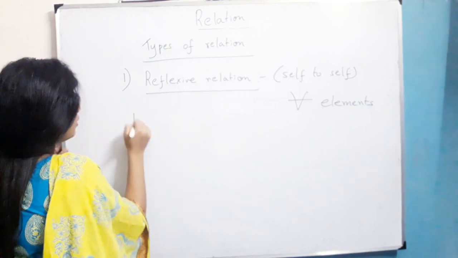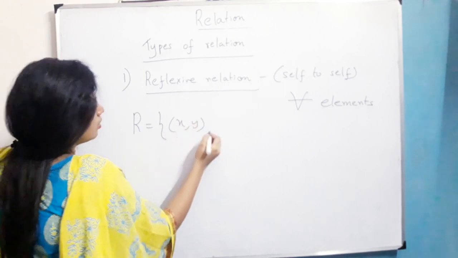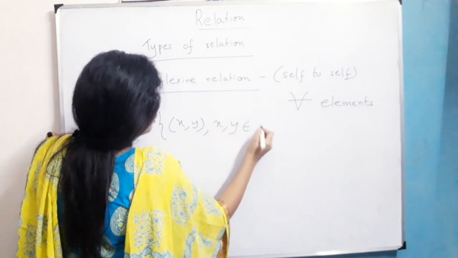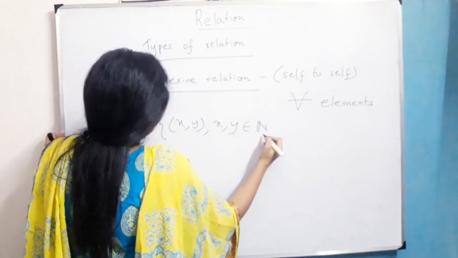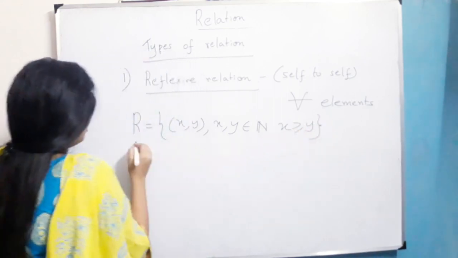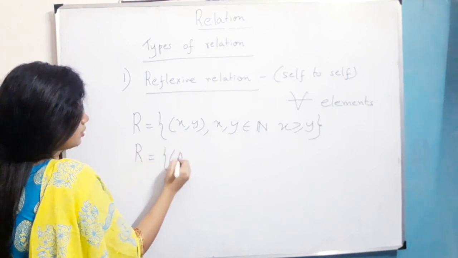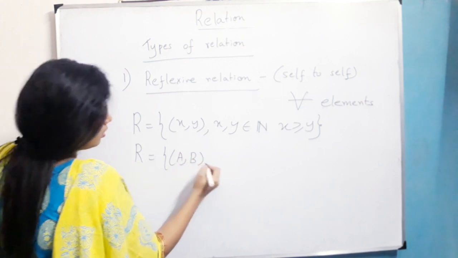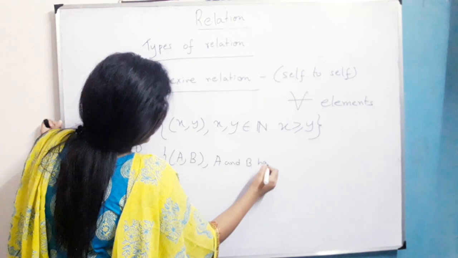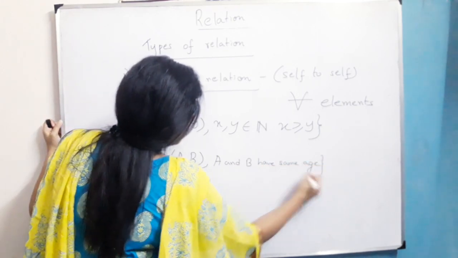Suppose R is a relation (X, Y) where X and Y both belong to N and the relation is X greater than or equal to Y. Next I will take R equals to (A, B), where the relation is that A and B have the same age.